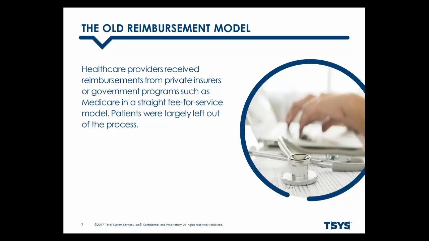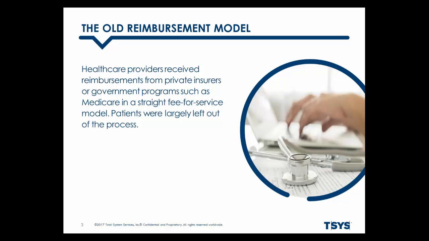When we think about healthcare reimbursement, going back 10, 15 years, maybe even shorter than that, the old reimbursement model was largely dependent upon governmental payers like Medicare, Medicaid, and the private insurers: Blue Cross, Aetna, Cigna, United. That's where the majority of reimbursement came from.